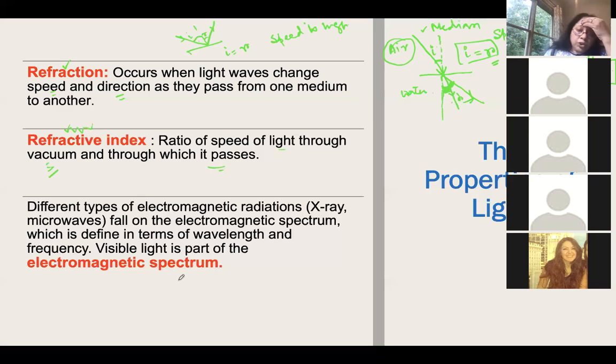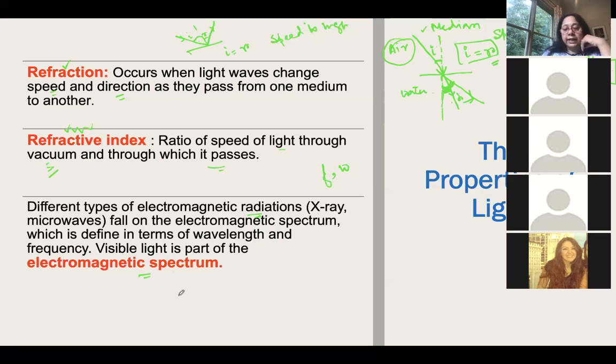Electromagnetic spectrum. Basically there are different types of radiation, electromagnetic radiations. Each light ray has its specific frequency and specific wavelength. All these different types of light rays with different frequencies and wavelengths together make the electromagnetic spectrum.